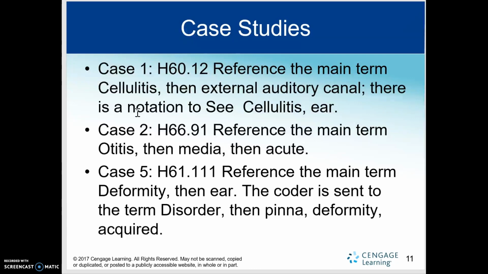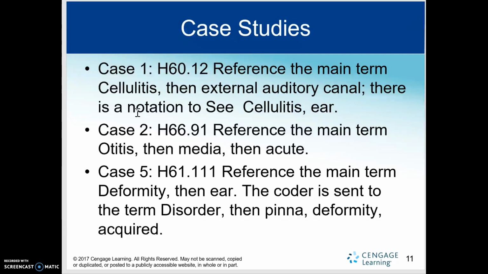If you look up otitis again, it gives us the H66.9. Then under otitis, we would go to otitis and then media and then acute. I don't know in the index if that's going to give me the last digit. I don't think it will. I think you're going to have to flip to the back to get to that right ear, which is going to give you H66.91. So make sure you're looking these up and finding them in the index and in the tabular section.